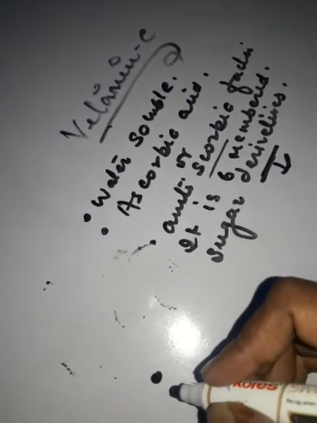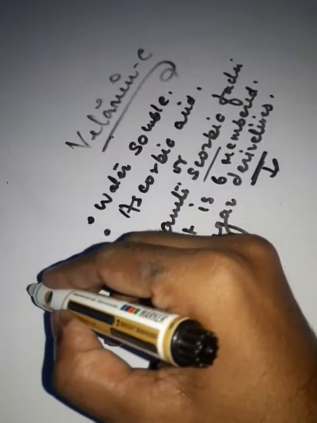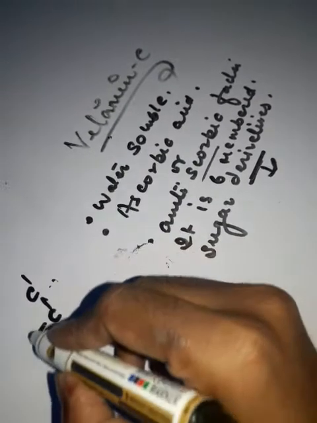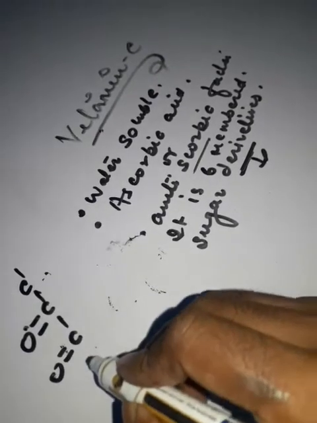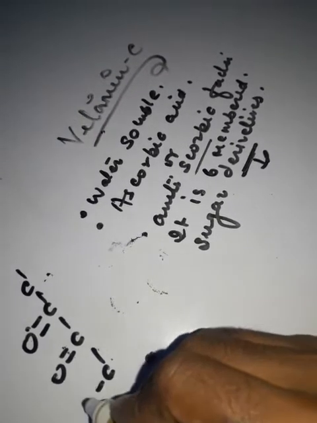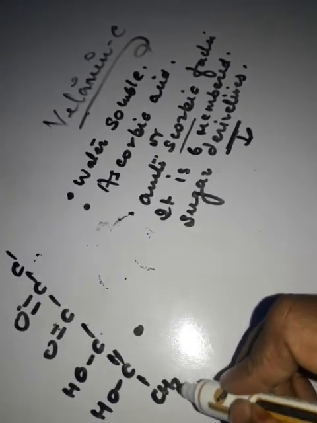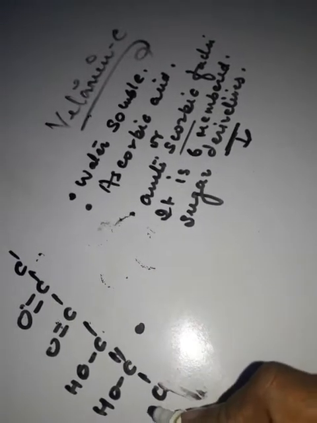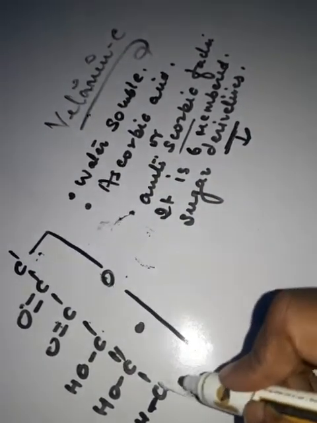Another point is that if you see the structure of ascorbic acid, in this molecule two carbonyl groups are present here, and this is the OH, the enolic keto enol tautomerism takes place here. This is CH, this is another CH, and it is joined by an ether bond.